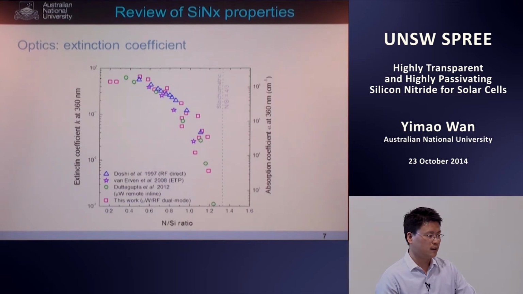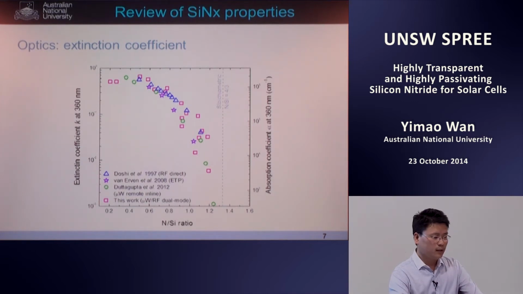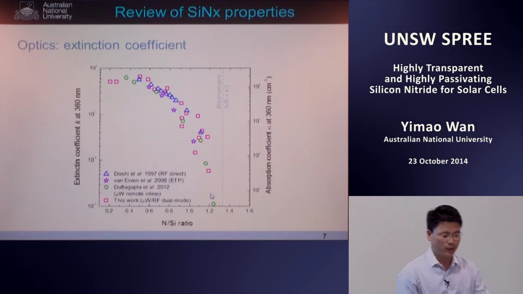The second optical property is the extinction coefficient, or absorption coefficient, which is another very critical property for silicon nitride as an AR layer in solar cells. The extinction coefficient k, or absorption coefficient alpha, is plotted against atomic ratio, and it generally decreases with increasing atomic ratio.